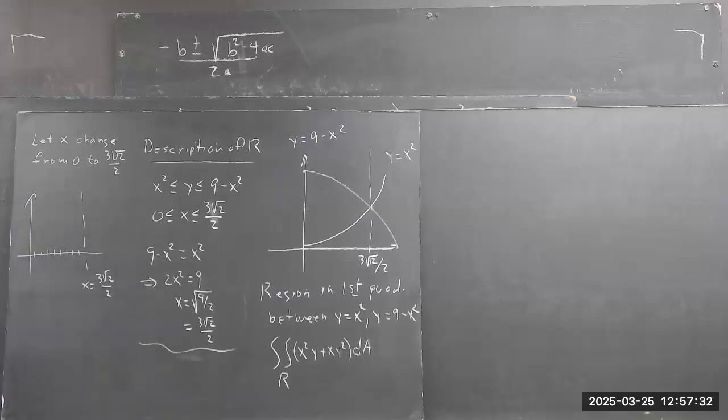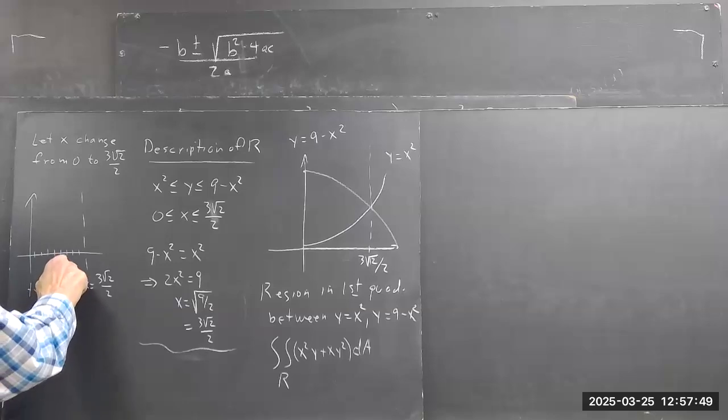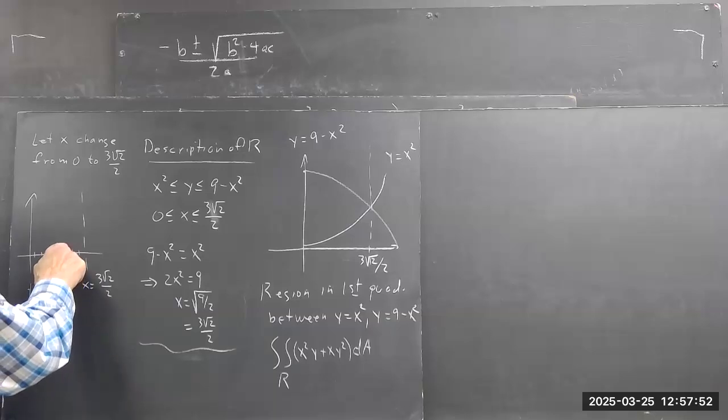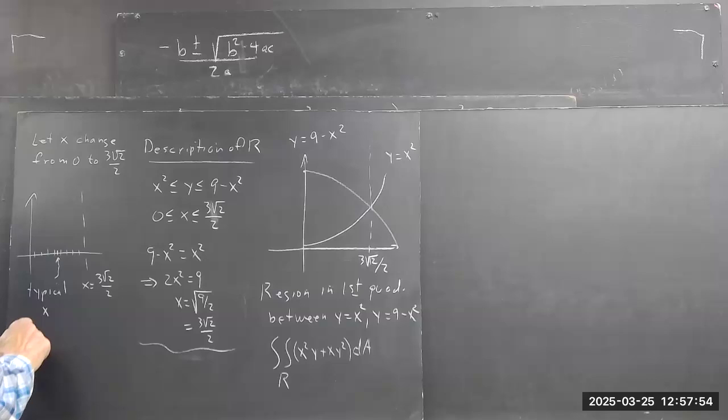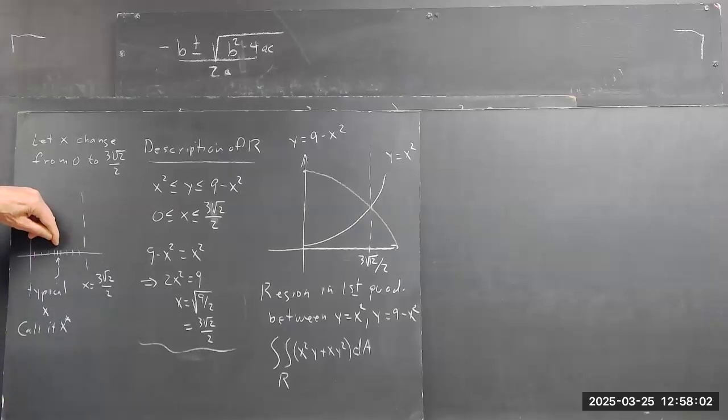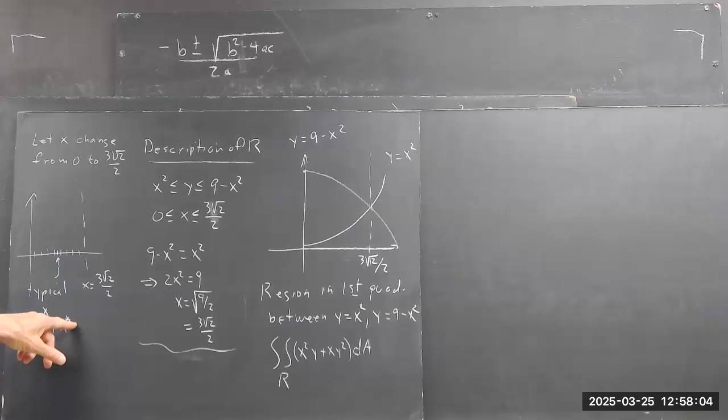Let's take a bunch of representative X values, right? Let this be a typical X. I'm going to call it X star or X asterisk.